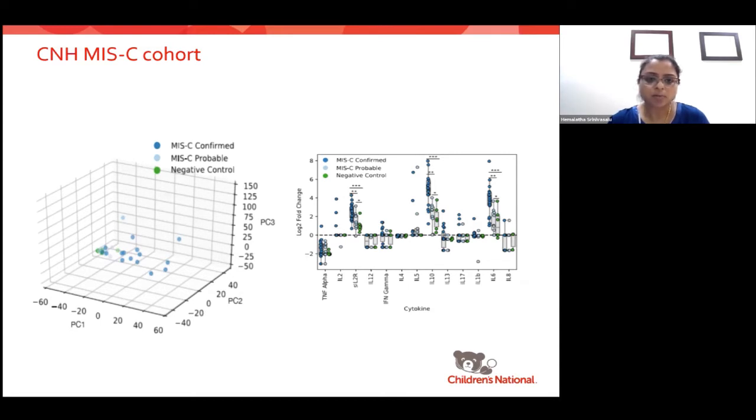The MIS-C probable cohort satisfied the clinical definition for MIS-C but had negative antibody and PCR. And the negative controls were initially worked up for MIS-C, but then subsequently were noted to have an alternate diagnosis. As you can see here, the blue circles representing the MIS-C patients separate out nicely compared to the MIS-C probable and the negative controls.